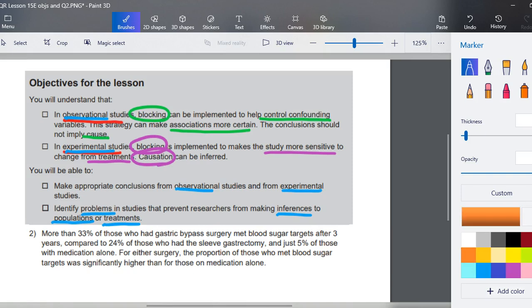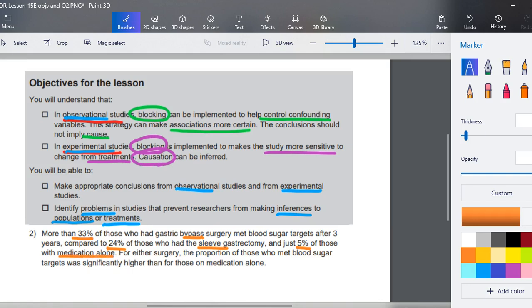Question number 2. More than 33% of those who had the bypass surgery met blood sugar targets after 3 years, compared to 24% of those who had the sleeve gastrectomy, so that's where they remove, and just 5% of those with medication alone.